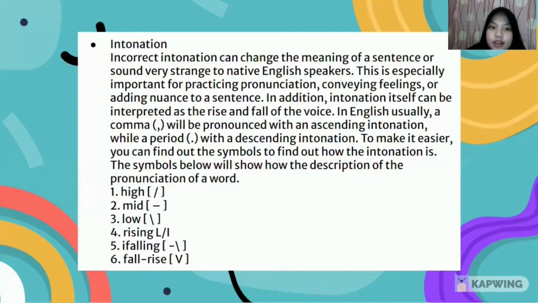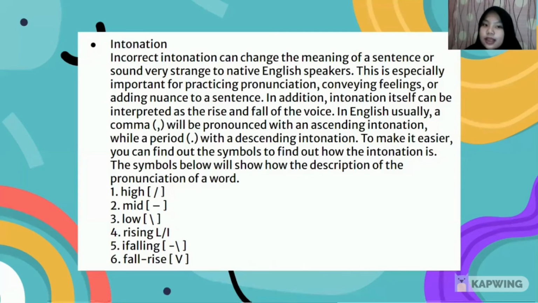2. Intonation. Incorrect intonation can change the meaning of a sentence or sound very strange to native English speakers. This is especially important for practicing pronunciation, conveying feelings, or adding nuance to a sentence. In addition, intonation itself can be interpreted as the rise and fall of the voice.